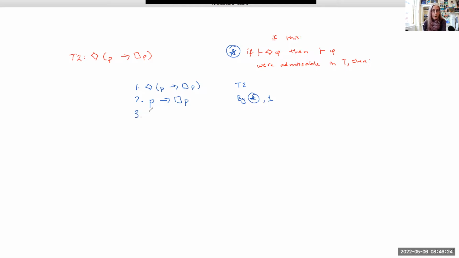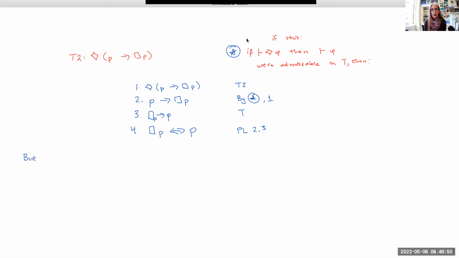Now, we can also write down the T axiom at any point, which is that necessary P implies P. But you take lines 2 and 3 together, put them together with propositional logic, and you get the biconditional between the truth of P and its necessity. But this isn't the case. So if the rule star were admissible in T, then we would be able to prove this biconditional.